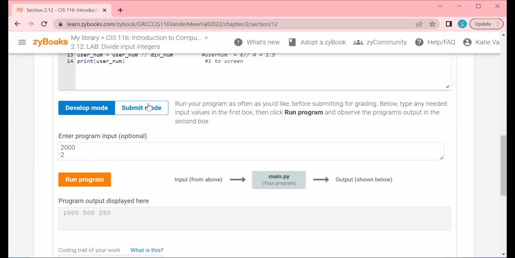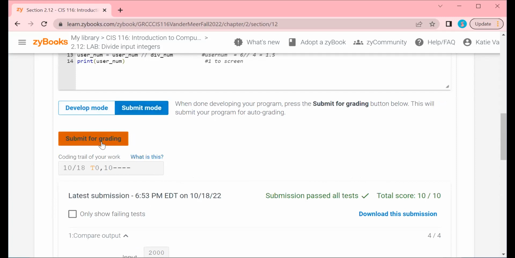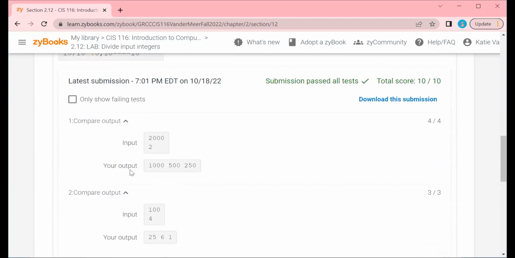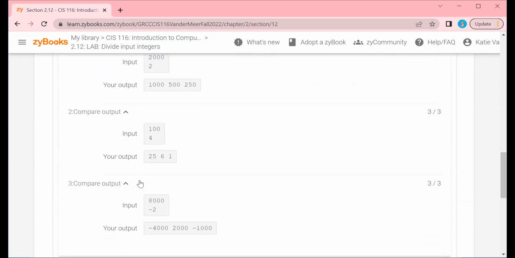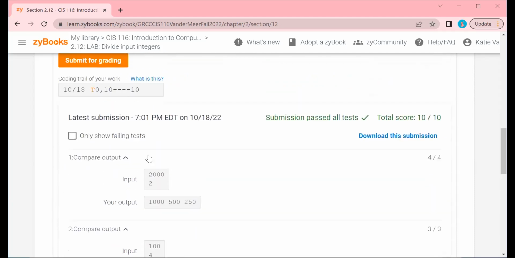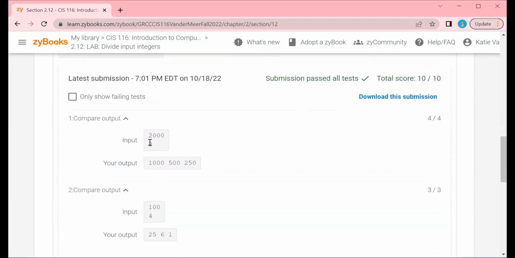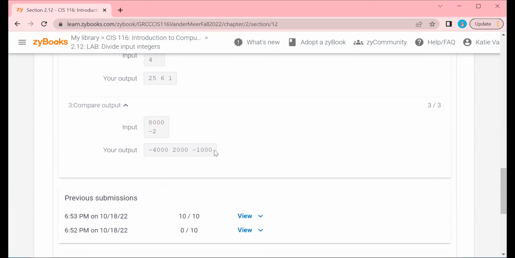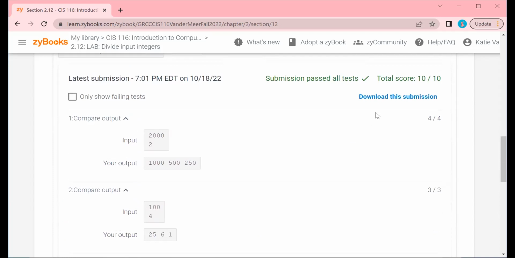But when you go over to submit mode, you just do submit for grading, and then it'll run through some trials. It'll run through some example outputs for you, so you don't have to put anything in there. It'll say, okay, if it's 2000, if it's 100, if it's 8000, this is what your output is. If that checks out, you get your whole points.